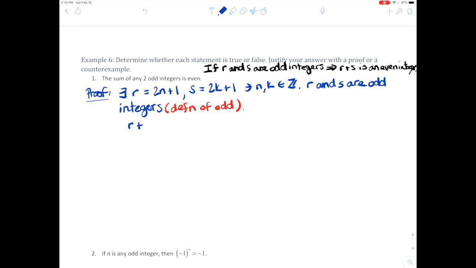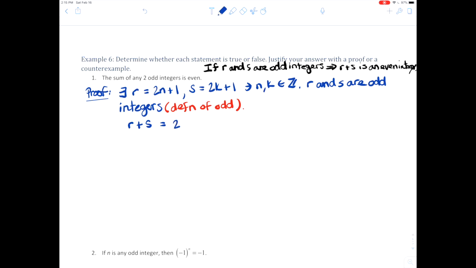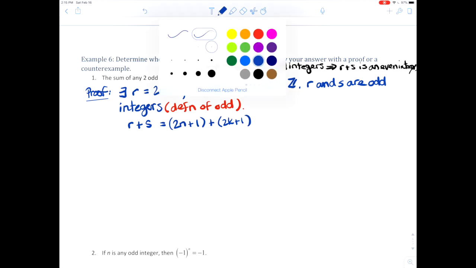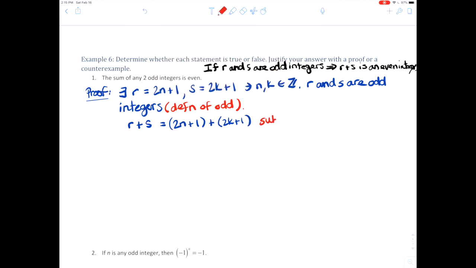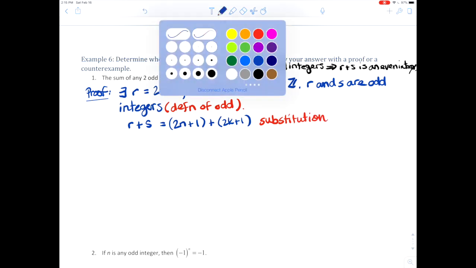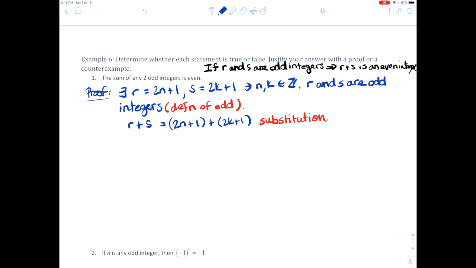So r plus s is going to equal to what? Good. 2n plus 1 plus 2k plus 1. And then we can put this for now. This is by substitution. As we go on, you won't be writing that in. But yes, you do need to document why things work in this class.